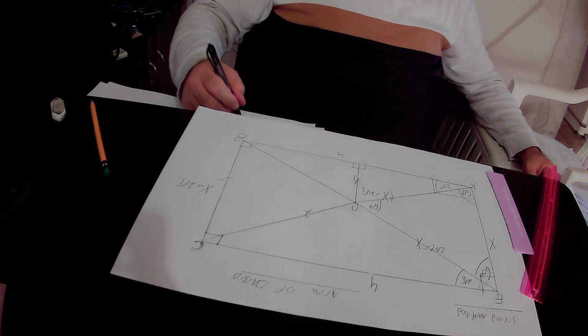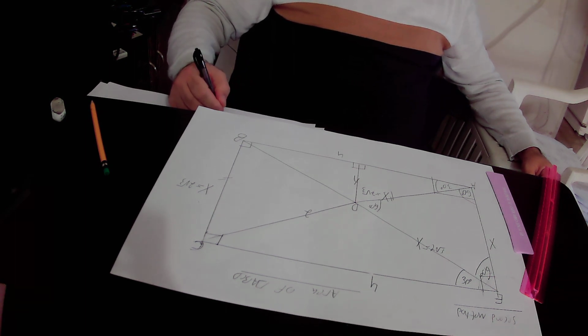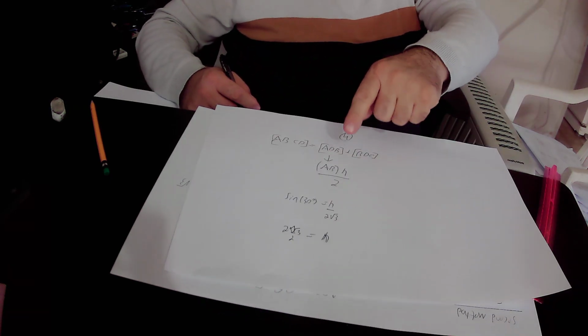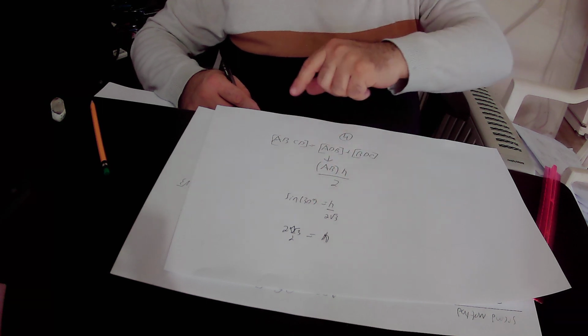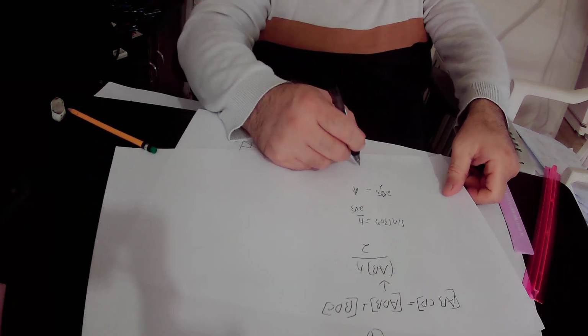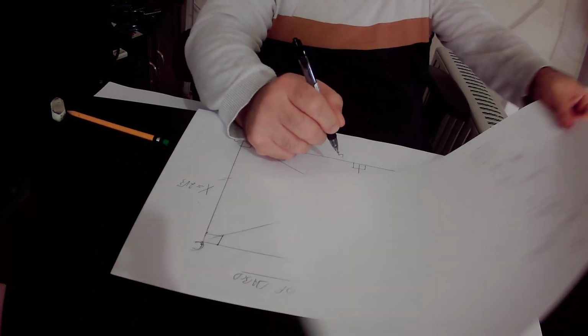So we found out that h equals 2 times square root of 3 over 2. 2 over 2 is 1, so h equals square root of 3 units.